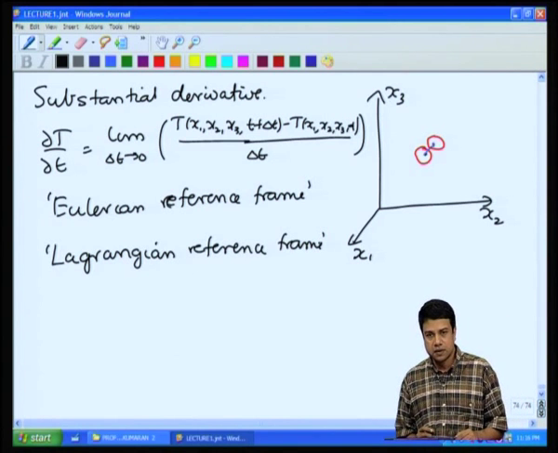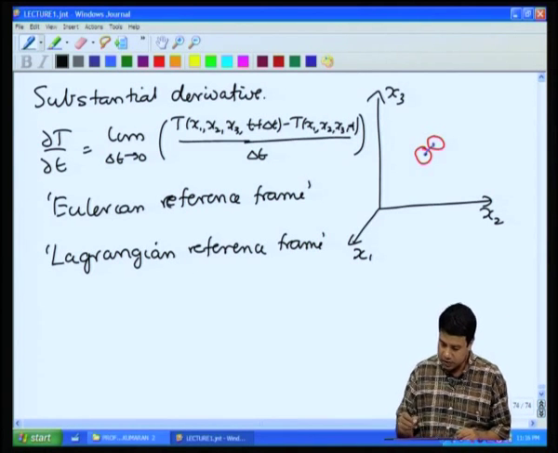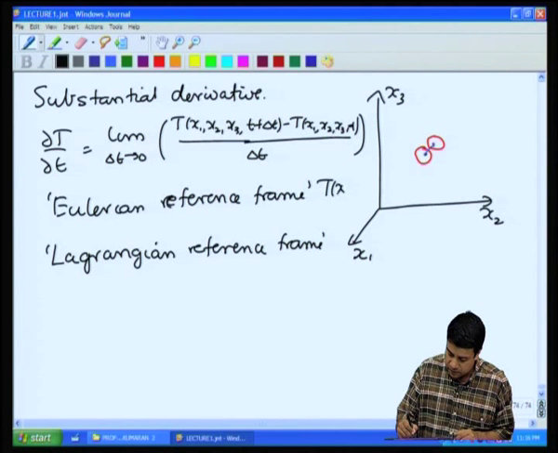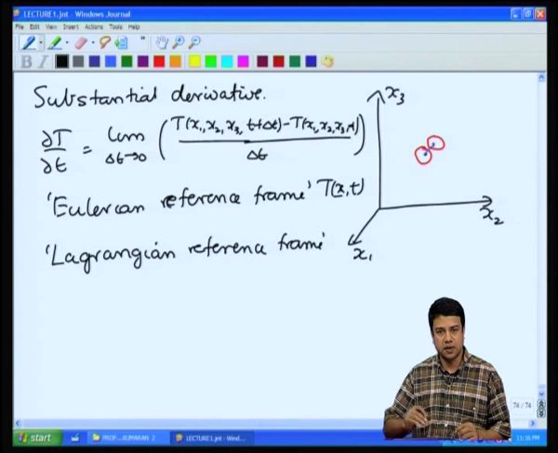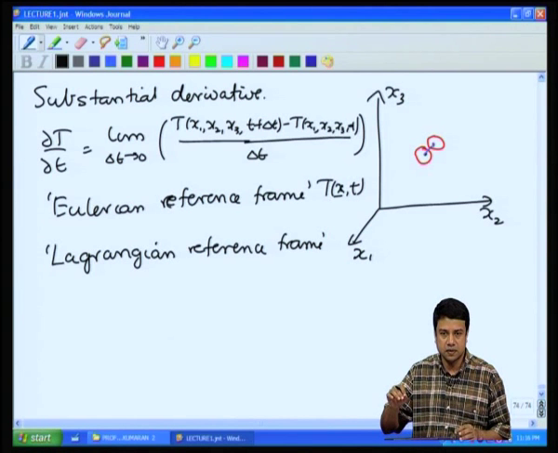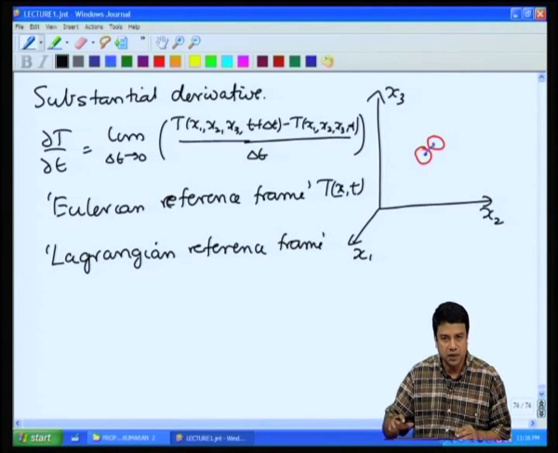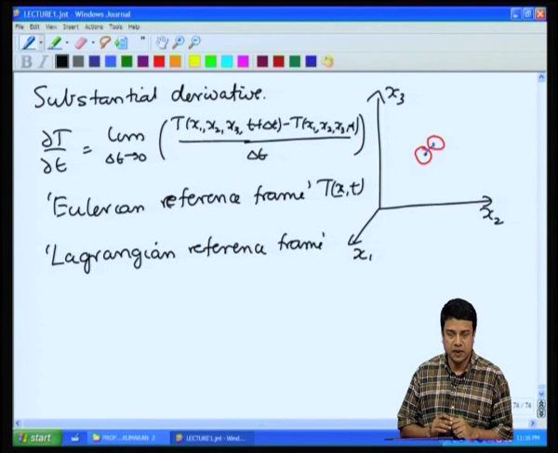Okay. So, in the Eulerian reference frame, you would write the temperature as some function of position and time, absolute position and absolute time. At each instant in time, you just find out what is the temperature for that given position. Okay. In the Lagrangian reference frame, you write it down as a function of the moving parcel of fluid that is carrying its temperature along with it.